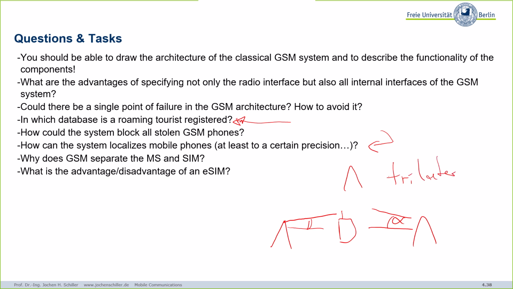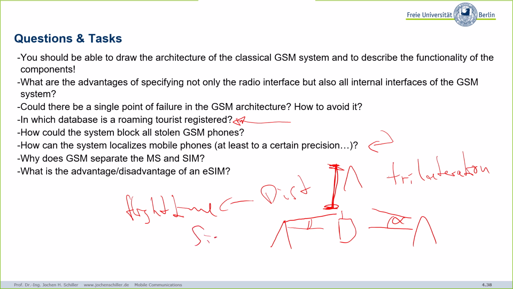But, and sometimes these terms are mixed, there's something else that's called trilateration. Trilateration means I measure distances, for example based on the flight time. Flight time means how long it takes in nanoseconds from a base station to a mobile, or the signal strength.